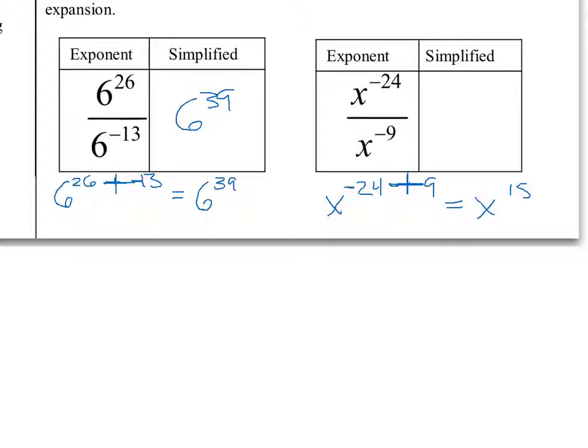Take the sign of the larger number, it's going to be x to the negative 15. But we can't leave a negative exponent. Sage? Yeah, so 1 over x to the 15 because we take that negative 15 and we can flip it over the fraction bar to make it positive.